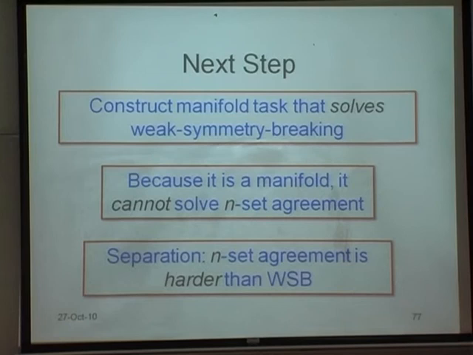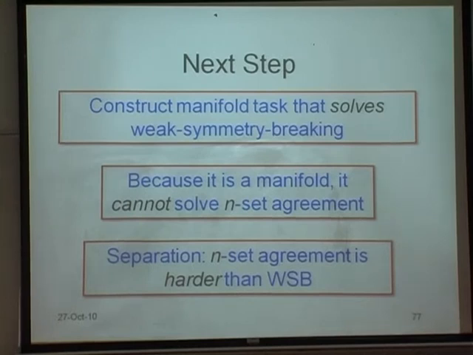Manifold task or manifold protocol? Same. I'm assuming if you have a manifold task as a black box, then you solve the manifold task and all you have is your output, and you treat that as a protocol complex. Did you define what the manifold task is? It's a manifold protocol. Yeah, I should be clearer about that. So a manifold task is one where the output complex is a manifold.